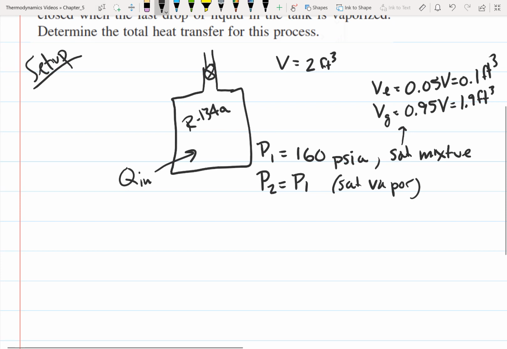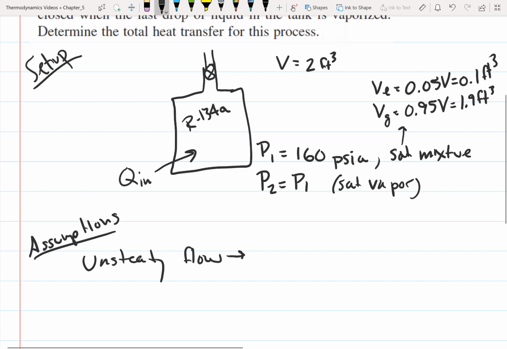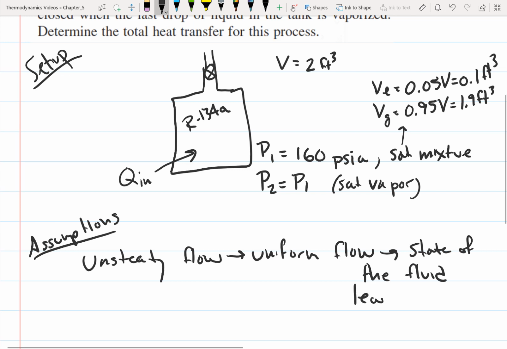Now let's make some assumptions. First of all, this is unsteady flow because the mass is changing with time, but we're going to assume uniform flow. This means that the properties of the refrigerant aren't changing as they flow out, and so basically the state of the fluid leaving is constant.